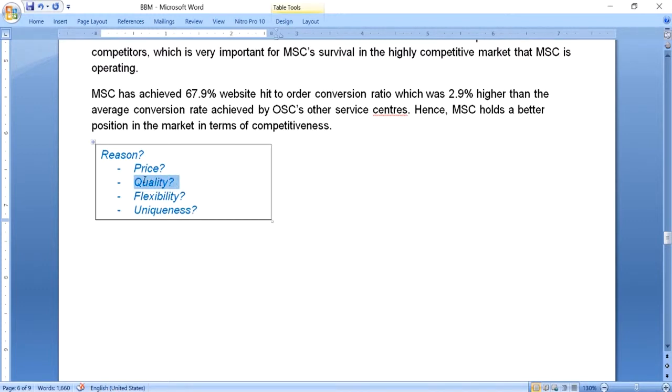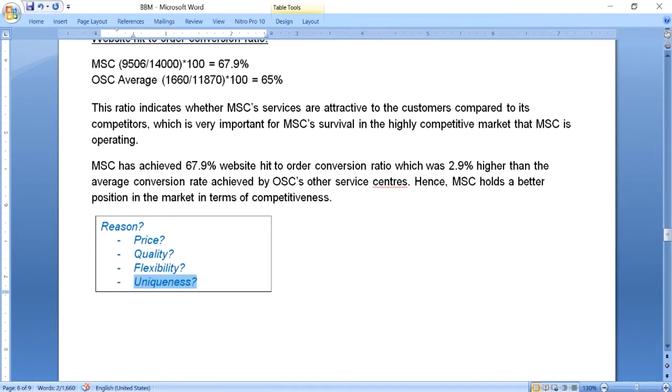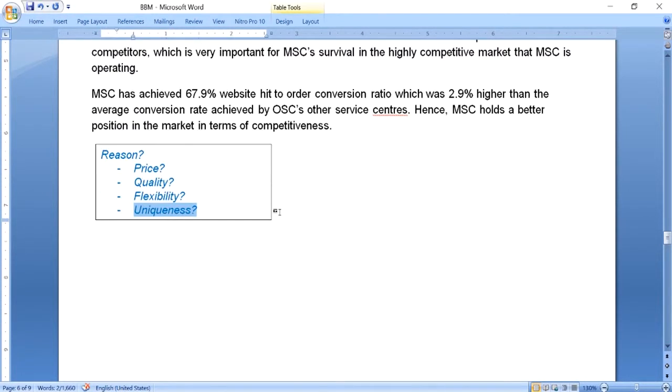Now we have quality measured as a separate dimension, so we can see whether in quality metrics MSC has done well or not, and then we can relate this information here. We have flexibility, and if it did well in the flexibility section, we can just relate it here. Or we have uniqueness. All right, so if you're not sure what to write, you can just leave this segment empty and complete the others, and then we can see whether we can relate it or not.